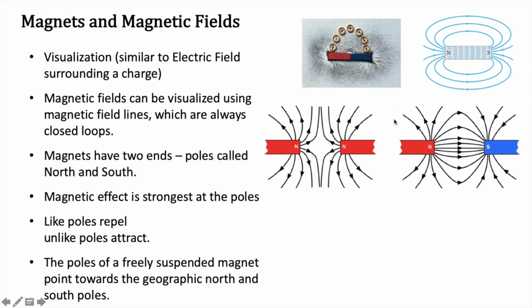And similar to charges, the same poles repel each other. The magnetic field lines would look like this, and the opposite poles attract each other. And our Earth acts like a giant magnet. If you suspend a magnet, it always ends up pointing to north and south.